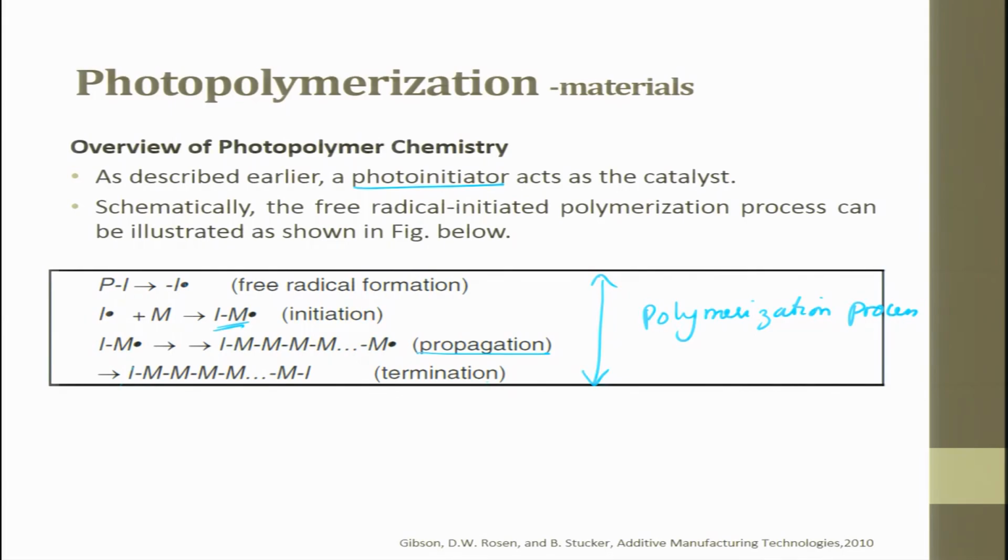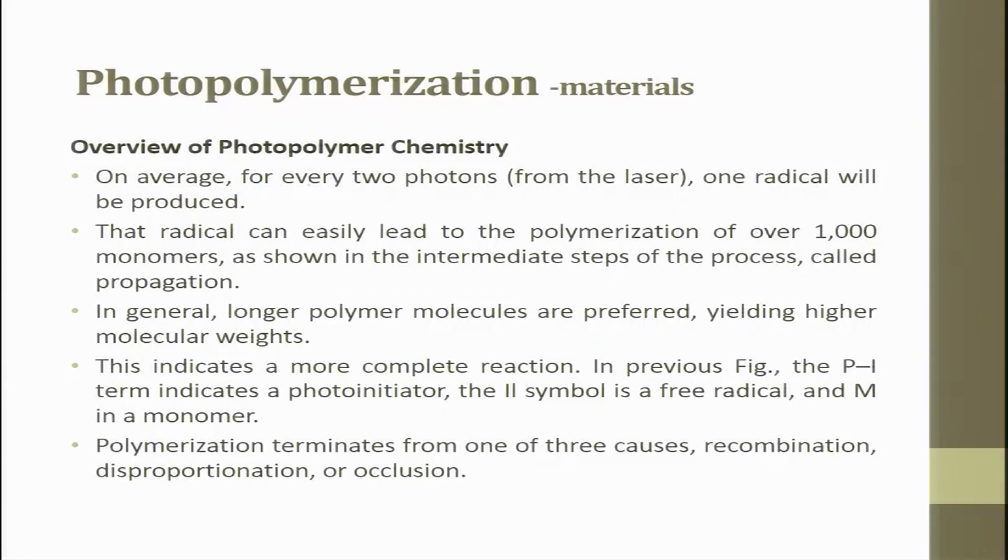Radical initiates. On an average, for every 2 photons from the laser, one radical will be produced. That radical can easily lead to the photopolymerization of over 1000 monomers as shown in the intermediate steps of the process called propagation.